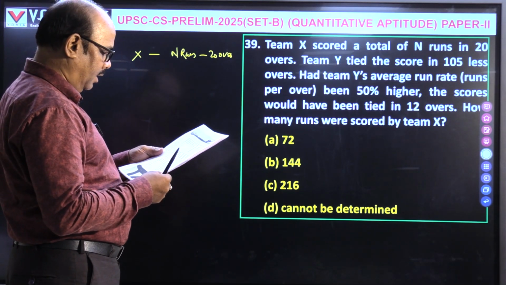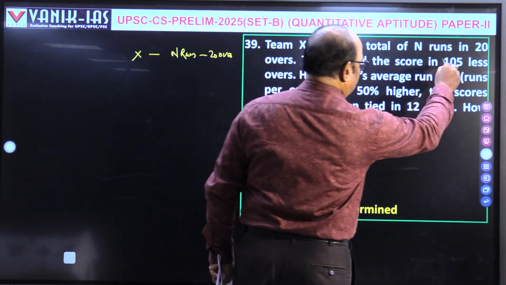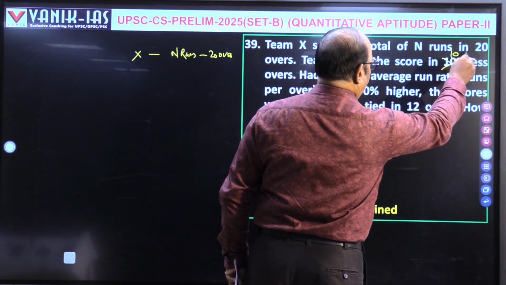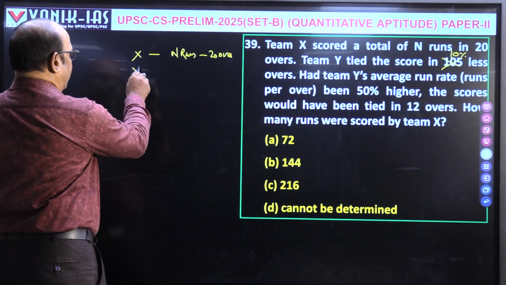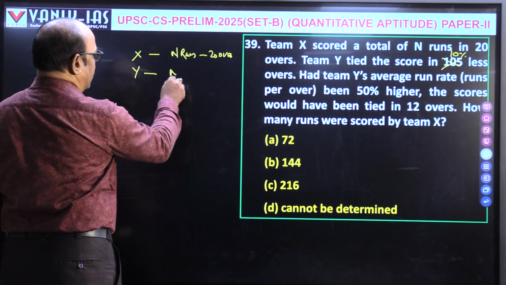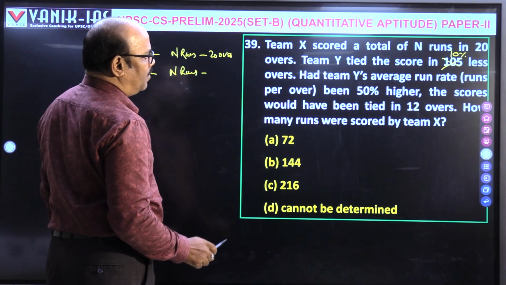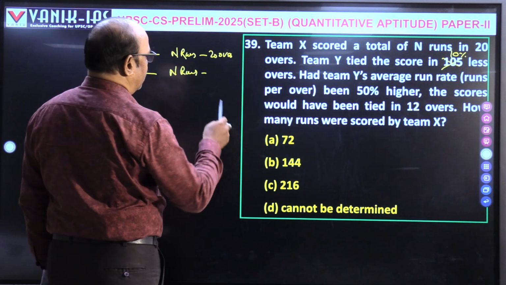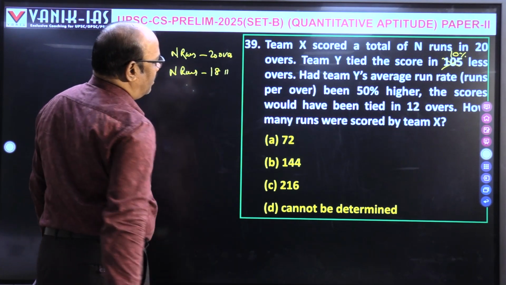Question number 39. 10% less overs means Y also scored the same n runs, in 20 overs less 10%, that is minus 2, 18 overs.